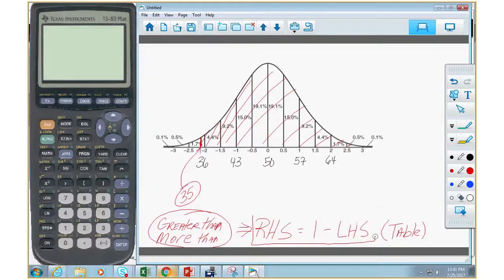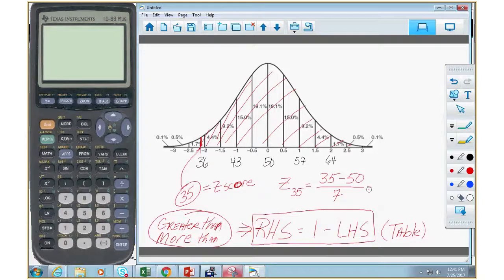If you're using the calculator, which most of you are, all you have to do is change 35 into a z-score. How do you do that? Z sub 35 is equal to 35 minus 50 divided by 7.